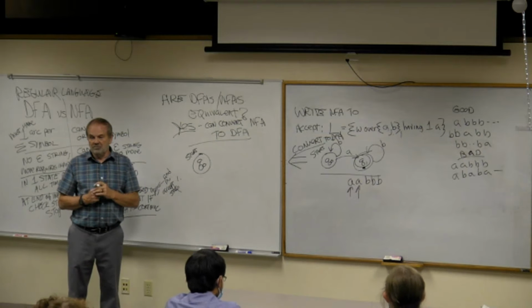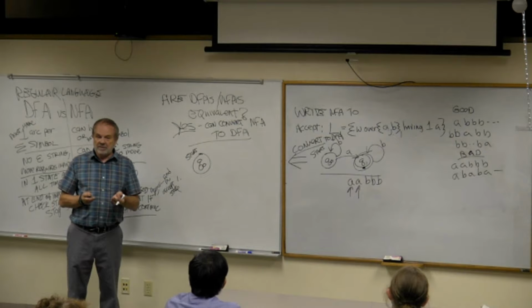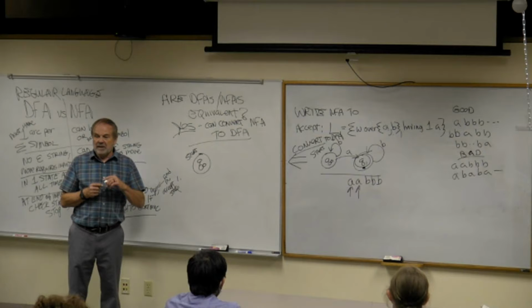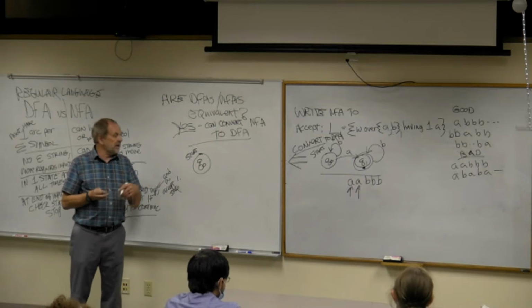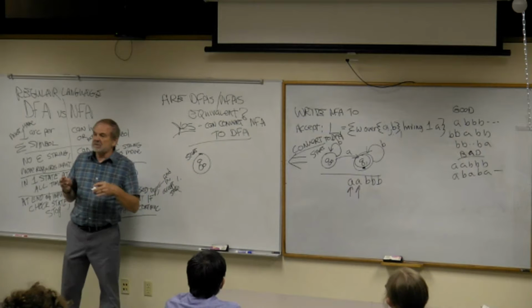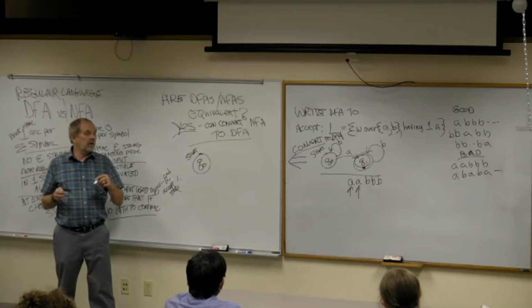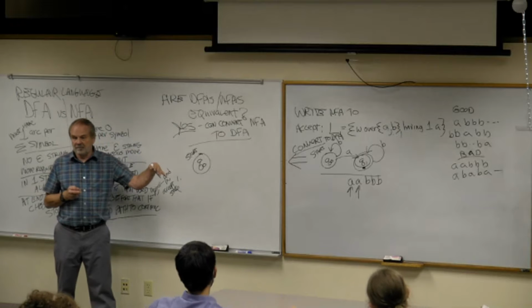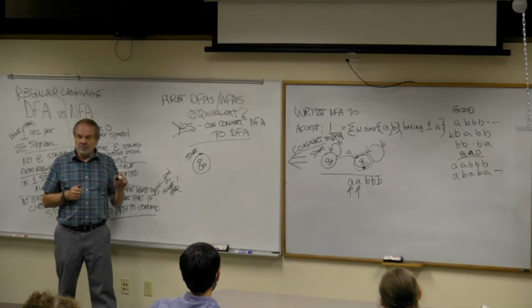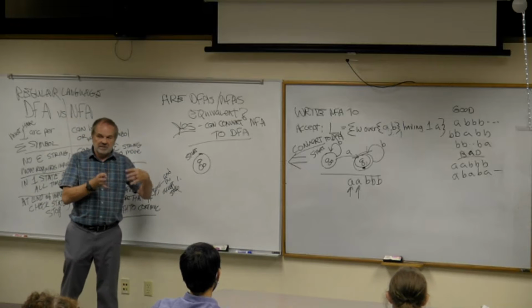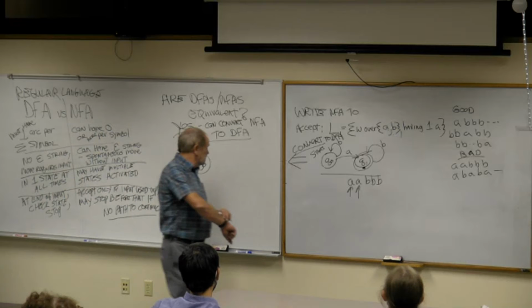If it can't go anywhere on that symbol, create a new state that's a null state that loops on itself, and make a transition on that symbol. So for each symbol in the alphabet, figure out what state or states the NFA could be in, and make a new state representing either the single or multiple states that the NFA would occupy.